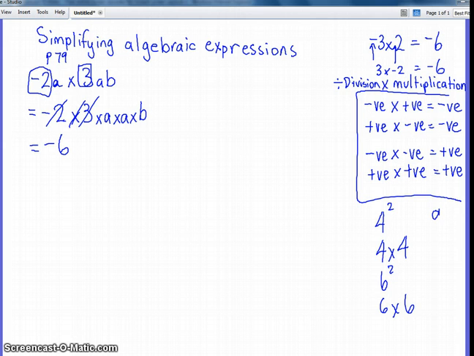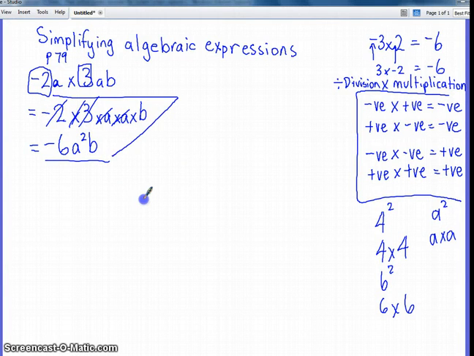If we're doing A squared, it's A times A. So A squared takes out that, and it just leaves us with our B. We don't put in the multiplication sign. By putting nothing there, we know that it's multiplication.